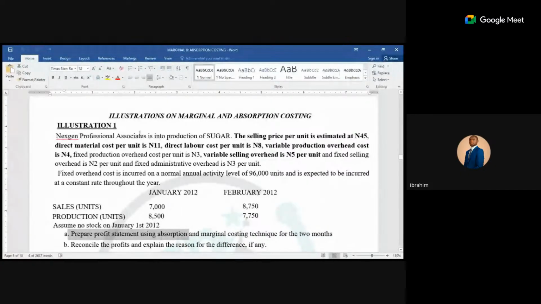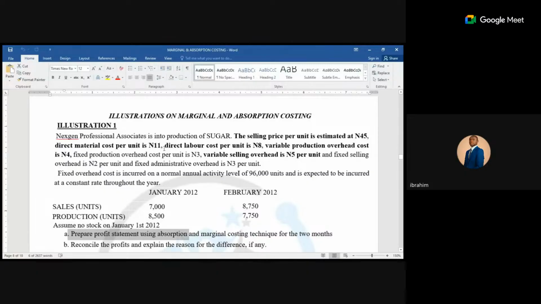Now, Next Gen Professional Associates is into production of sugar. The selling price is estimated at 45 naira per unit, class. The direct material cost per unit is 11 naira.